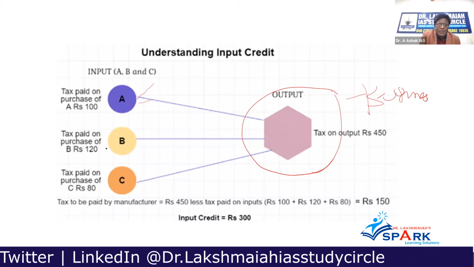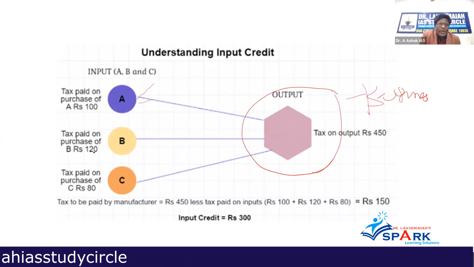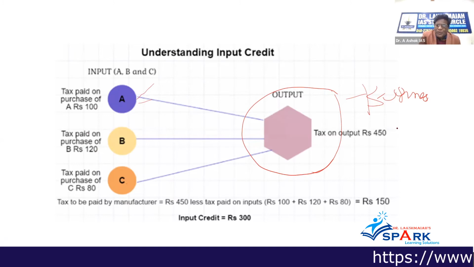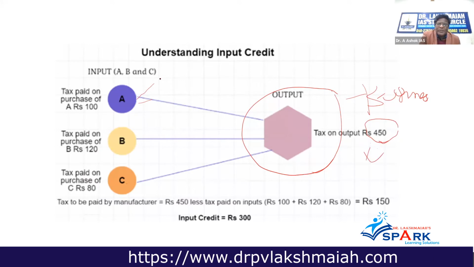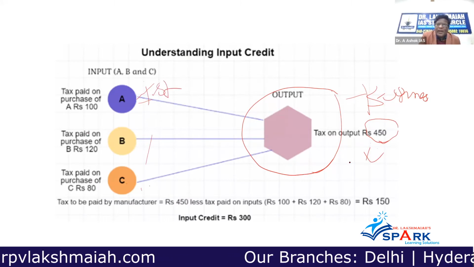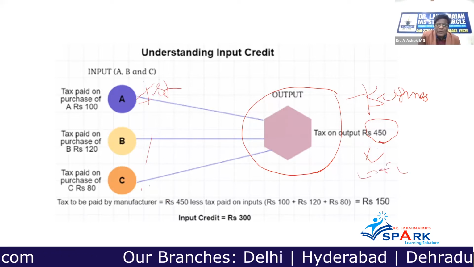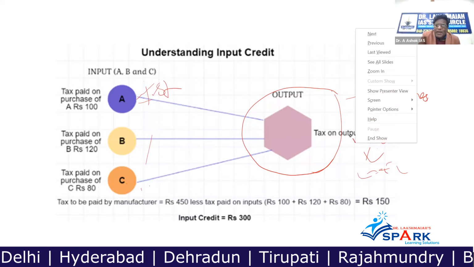Then tax paid on the purchase of B, which is 120, let us say, and tax paid on the purchase of C is, let us say, 80. So what is the input credit? Tax to be paid by the manufacturer is this 450, which he should have paid at one go, but instead he is reducing the liability by dividing this into the first installment and later the last installment. So 450 is the actual tax he has to pay on output.